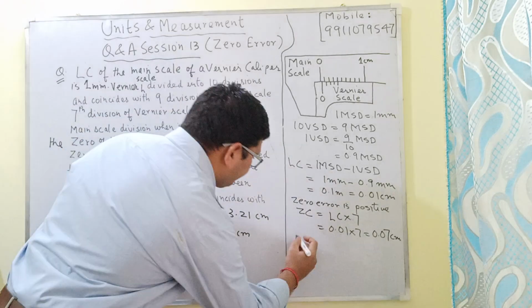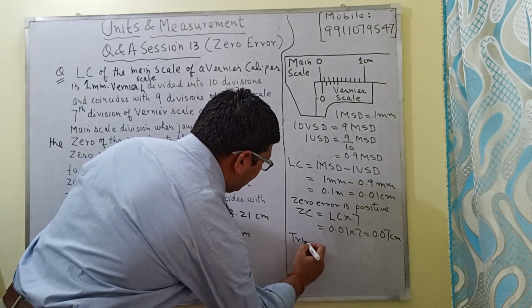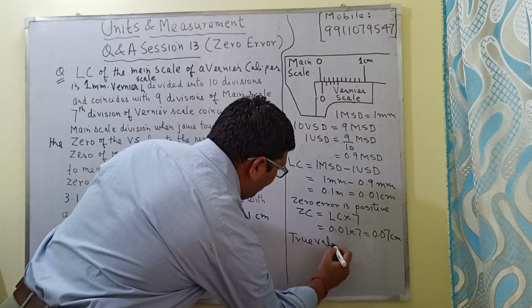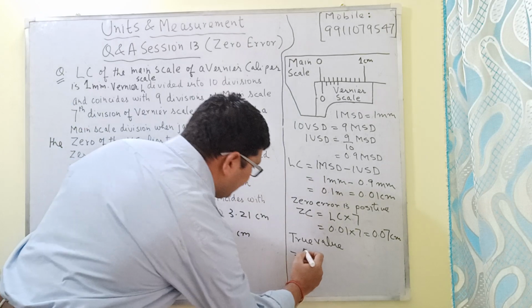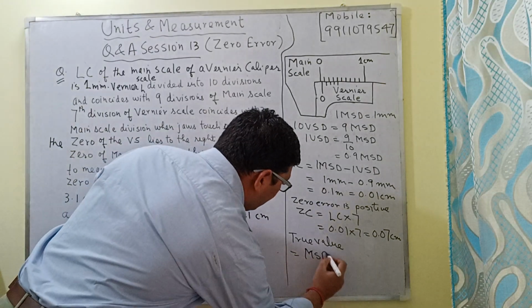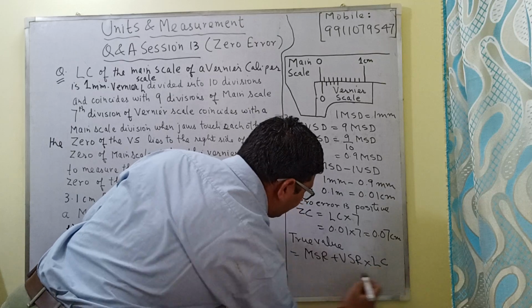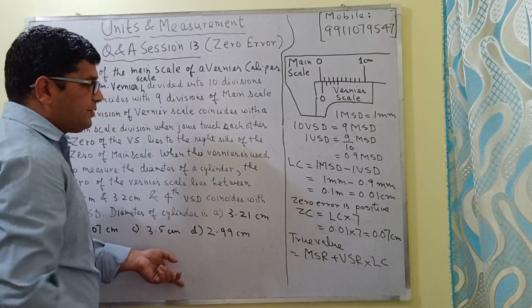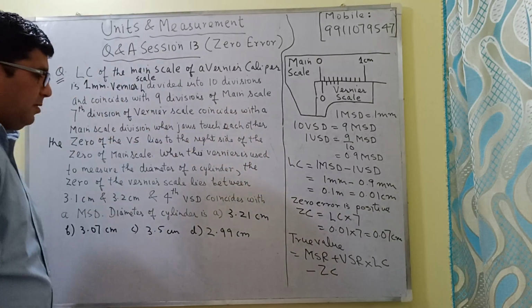So the true measured value will be equal to main scale reading plus vernier scale reading into least count, and since zero error is positive, we will be going for negative zero correction.